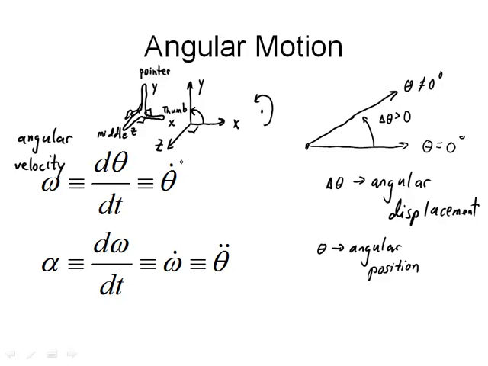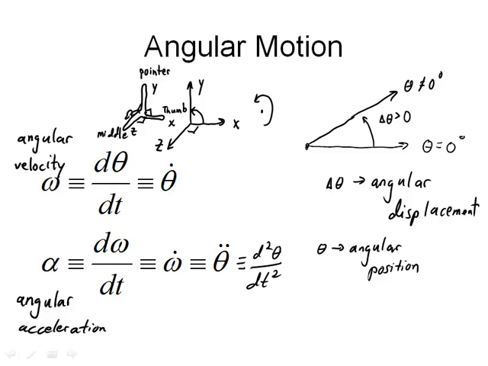Theta dot then is the dot notation that we've used before. Alpha then is the derivative of angular velocity with respect to time, and so it's an angular acceleration. That's omega dot or theta double dot, the second derivative of angular position with respect to time.